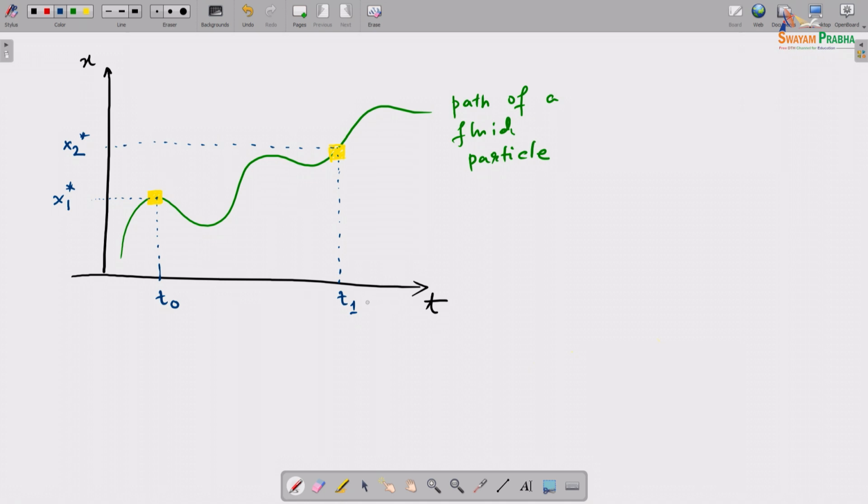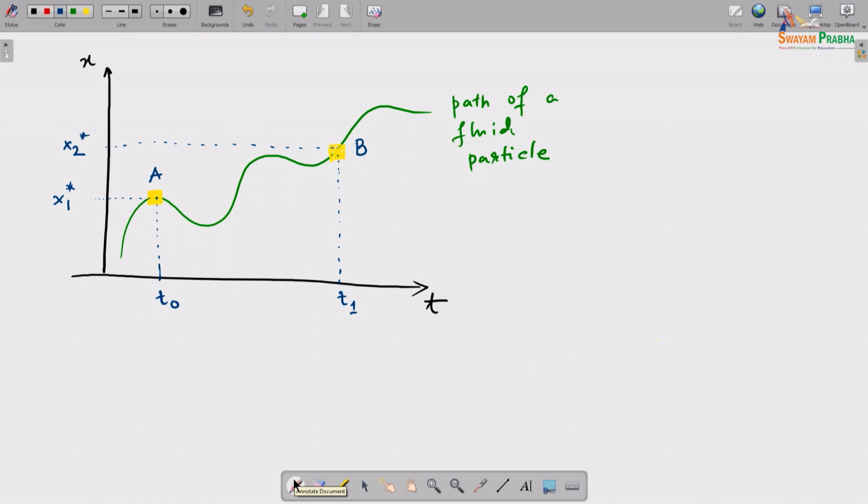Let us also label this location as A and this location as B. Essentially, at time t naught and location x1 star, there is a particle and I am calling that location A. That same particle at another time instant t1, at location x2, is present at the location which I mark by B.